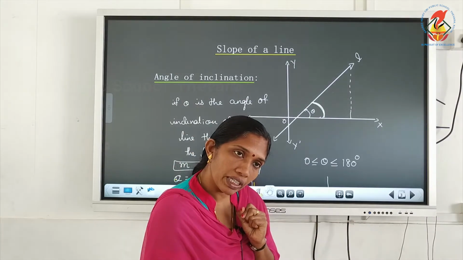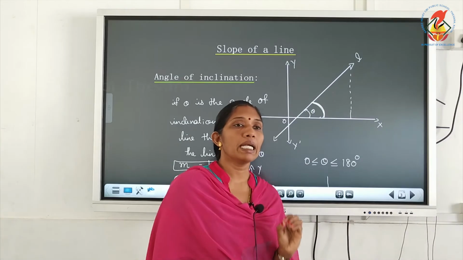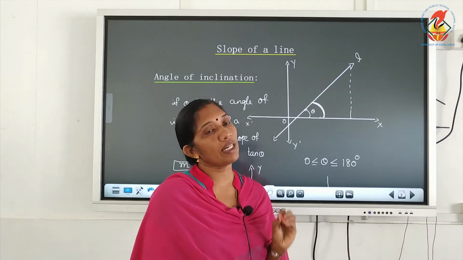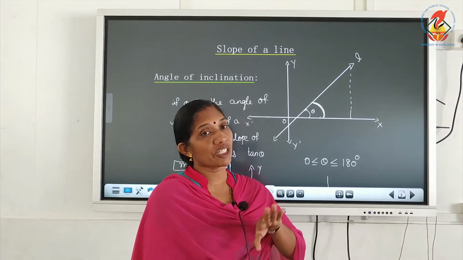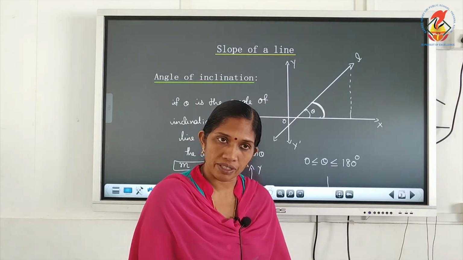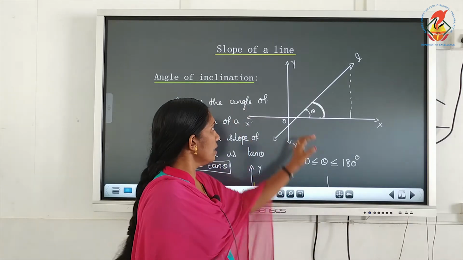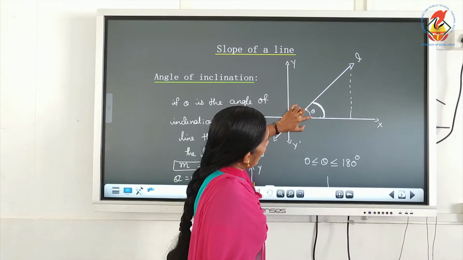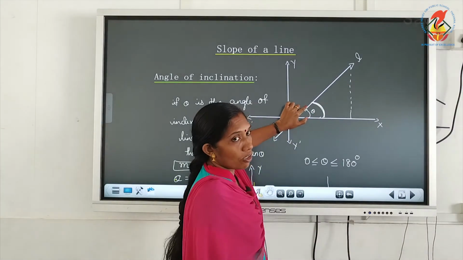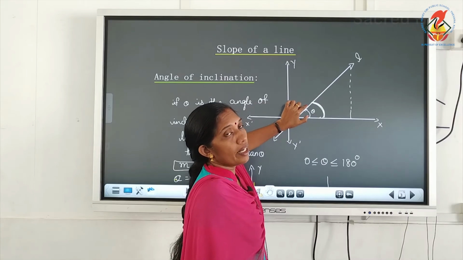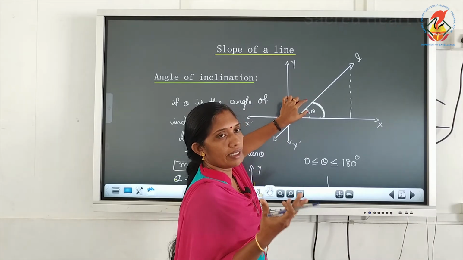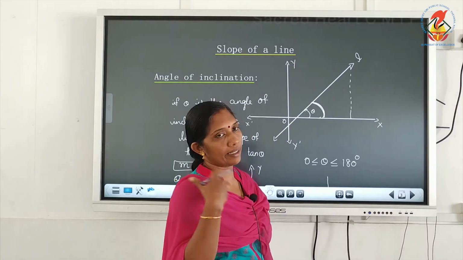What is the angle of inclination? The angle made by the line with the positive direction of the x-axis, measured in the anti-clockwise direction. Okay, so here the line L, the angle of inclination is theta, then the slope of the line is m equal to tan theta.